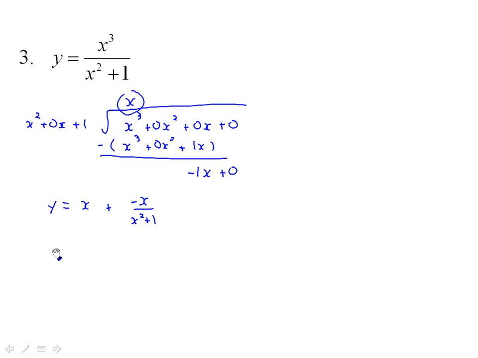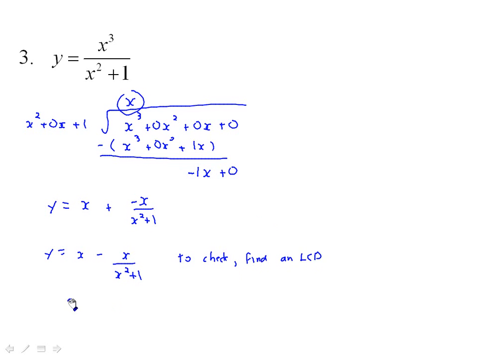Now this could also be written, if you wanted to, as x minus x over x squared plus 1. Now if you ever had any doubt whether you did it right or wrong, all you do is get a common denominator. So to check, find an LCD. And that will take you right back where you started from.